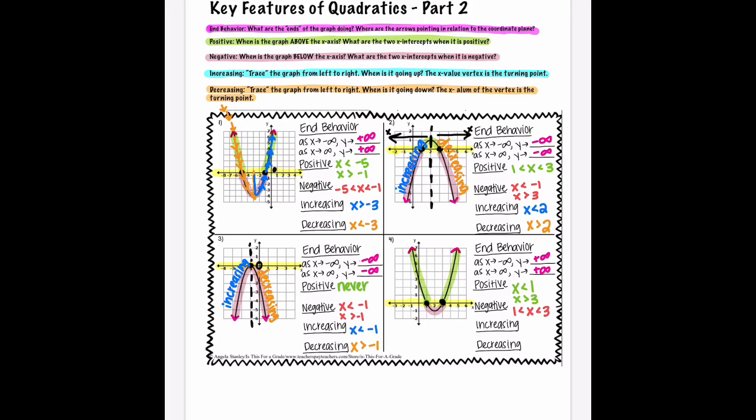Okay, and then example number 4. From the left, this time we're going down until we get to the vertex, then we're going back up. Again, the vertex x value is at 2. So we're looking at decreasing until the vertex, so that's when x is less than 2.